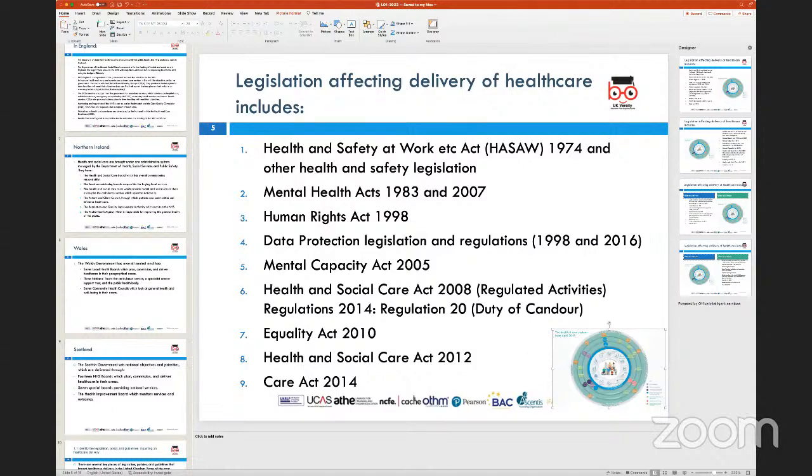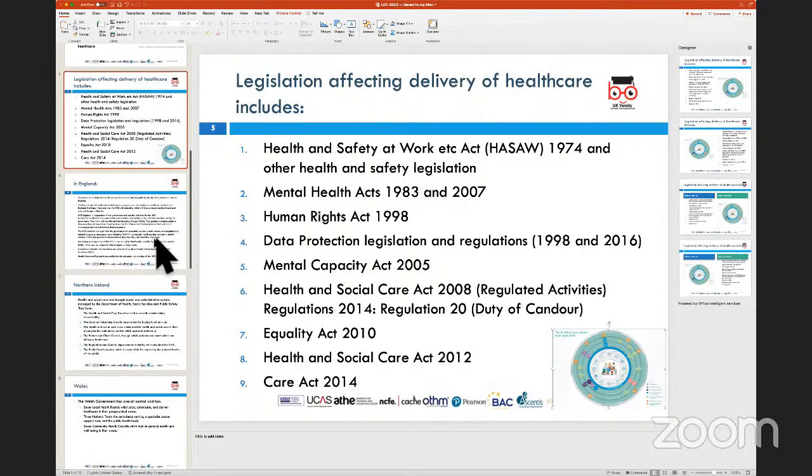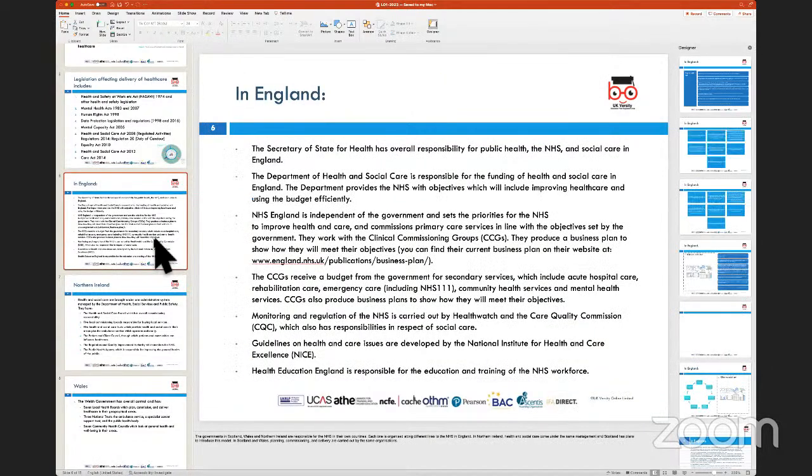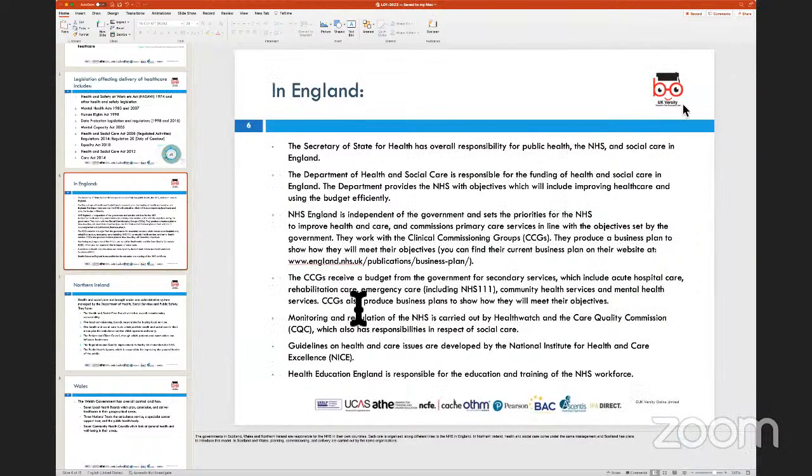So the idea is to understand some of these acts and how they help deliver effective services to the members of the public. Now, I've got a few slides that I put together just to understand this Department of Health and Social Care within England in particular, and how it leads to the creation of any sort of legislation or regulation within England.